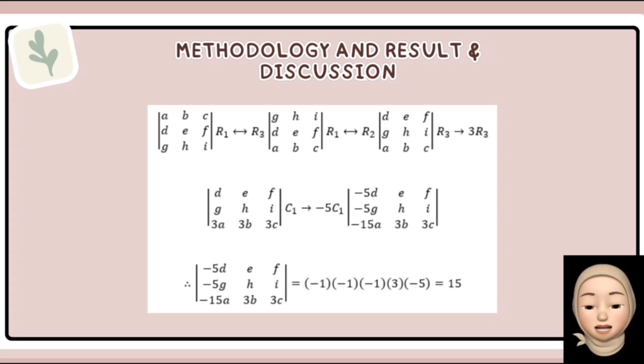Now, find the determinant. So, interchange row becomes negative 1, and interchange row again becomes 1, times 3, so we get 3, and then times negative 5. The final answer for this determinant is negative 15.